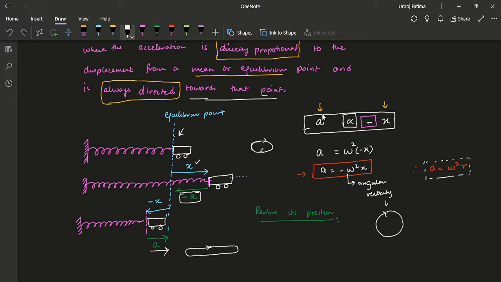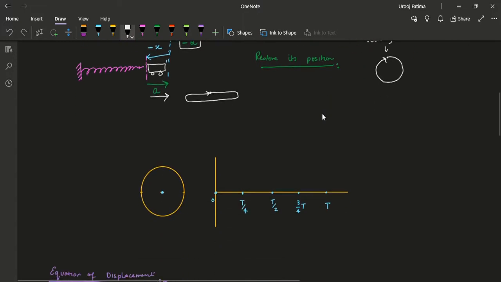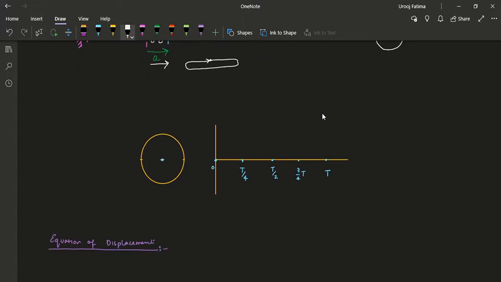Anyway, to prove this, we need to somehow draw the circular motion on some type of axis, and one of the best ways to describe it is using a circle, because essentially a circle can tell you about one complete oscillation itself.